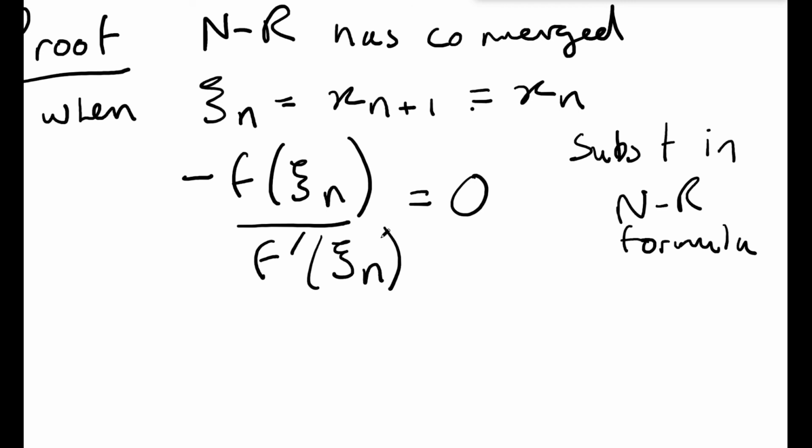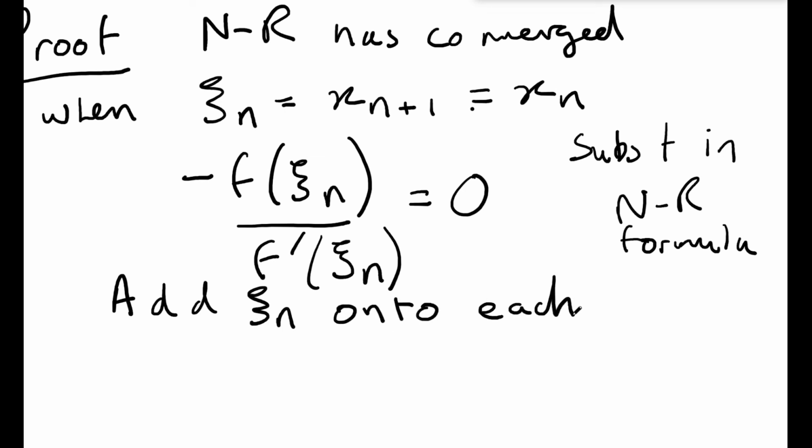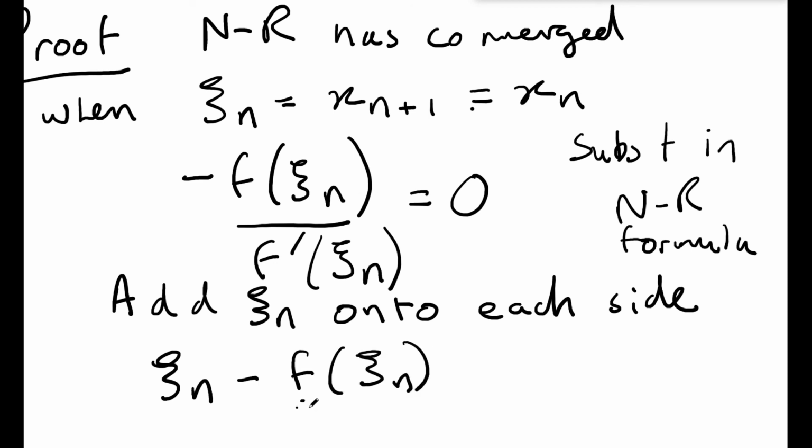Basically, if I now add psi of n onto each side, we get psi of n minus f of psi of n on f prime of psi of n equals psi of n.